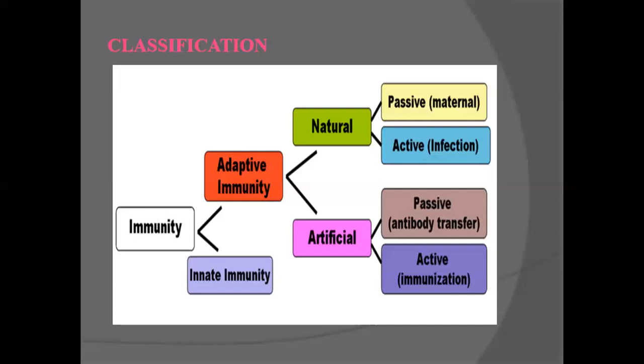When you're getting the immunity by getting the infection, measles, mumps, chickenpox, you are suffering with the infection, and then you got the antibodies, so that the next time the virus doesn't attack you. That is natural active. Then you have got artificial immunity, which can be again passive, like ready-made antibodies, or active, which is immunization.